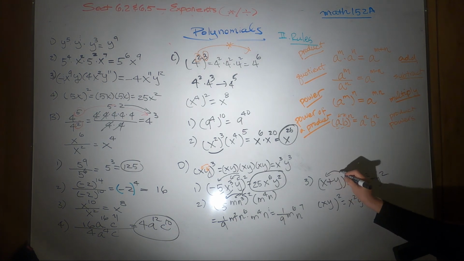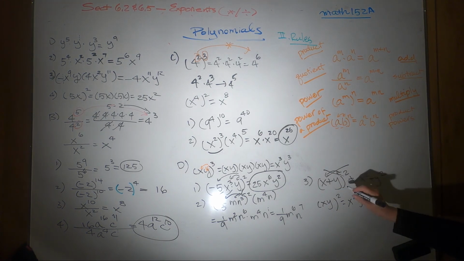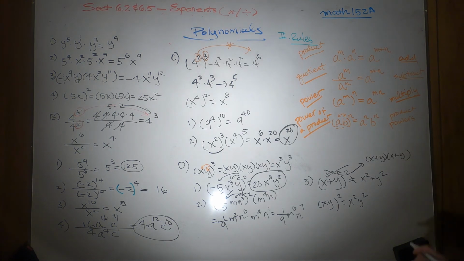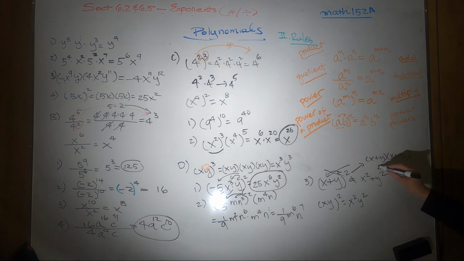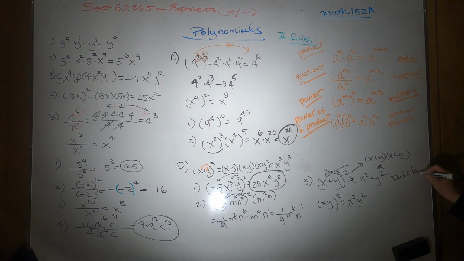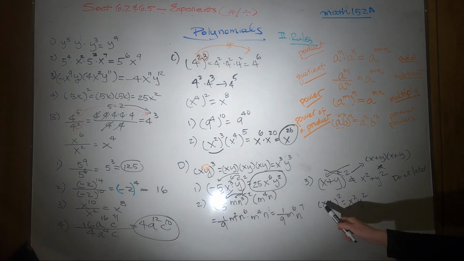We didn't say you can distribute that. You cannot do that. Okay, this one means what? (x plus y) times (x plus y), right? Which is not this one. Okay, we will do it later. We will show you how to multiply them. Right now, we just do what? Individual variables multiplying.